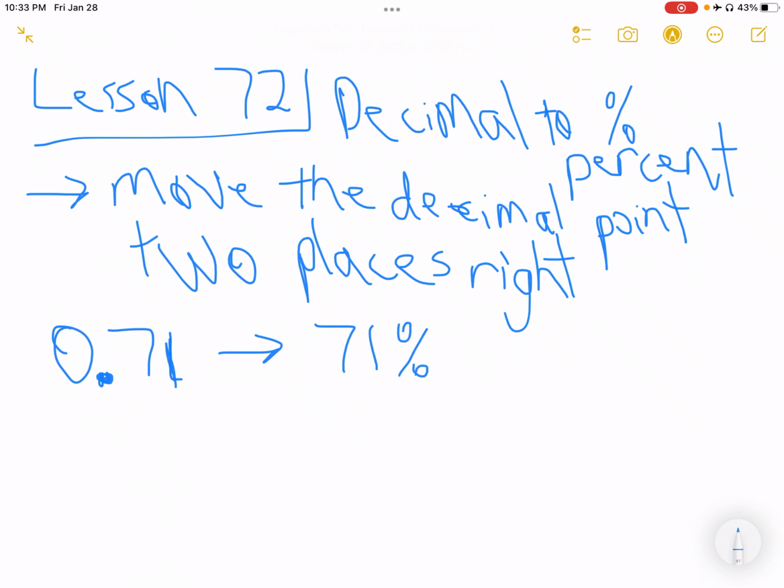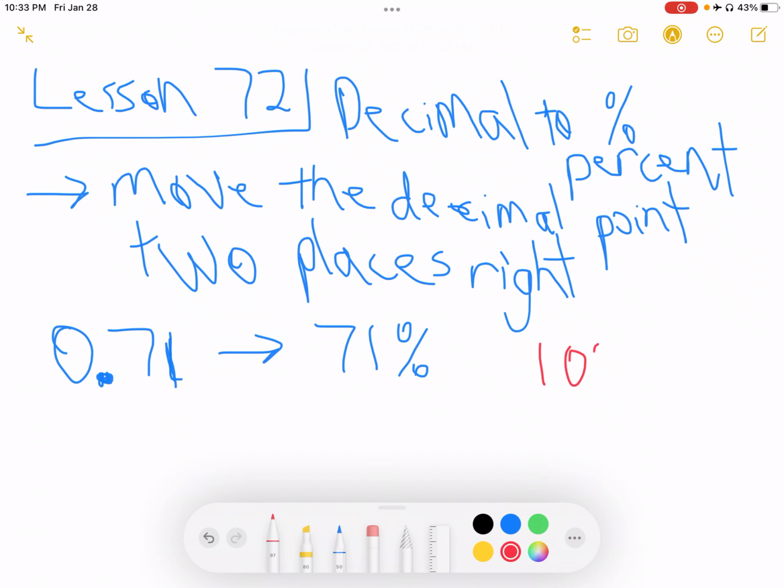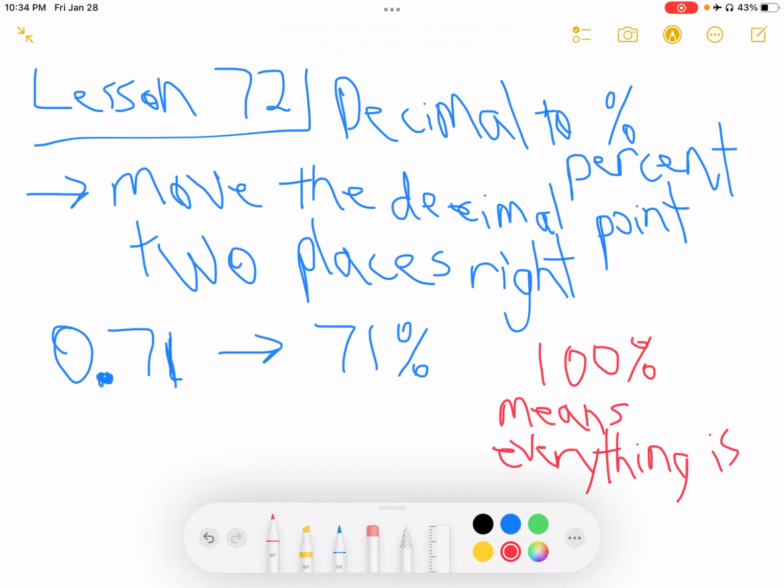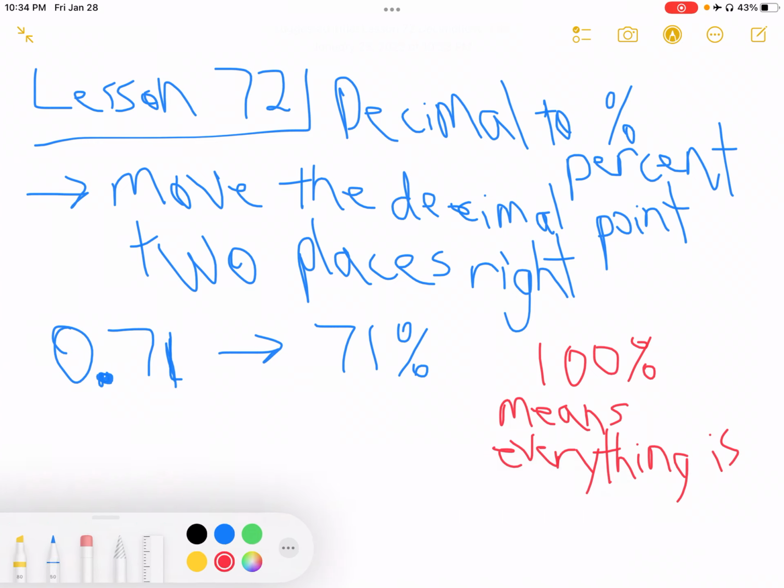Because if we're talking about percents, let's talk about this for a second. If I have 100%, you can say this, 100% means everything is there.